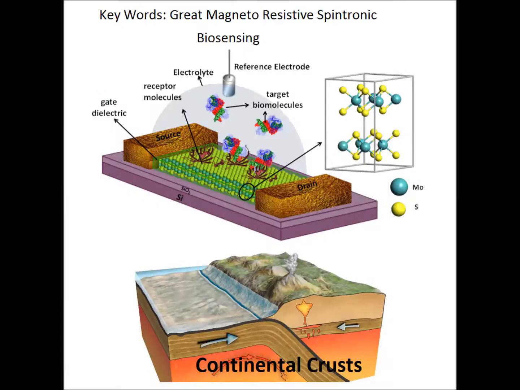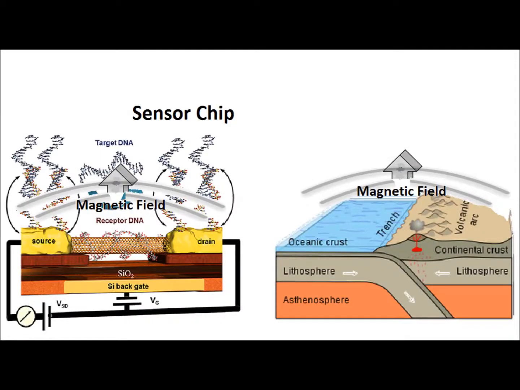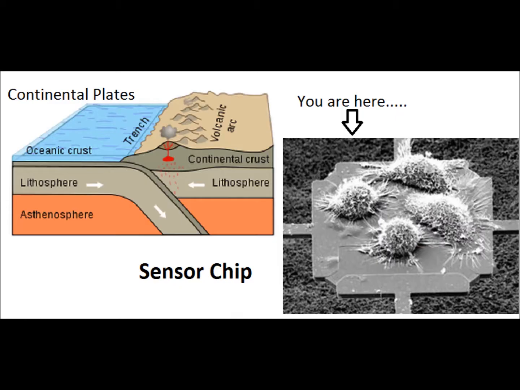But the layers of the Earth, as far as the chemical composition, are mirror images of the chemical compositions of the layers of sensor and computer chips and disks.